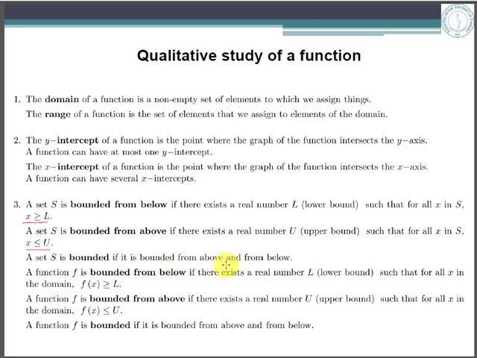This kind of function we call a bounded function, if it is bounded from above and bounded from below.